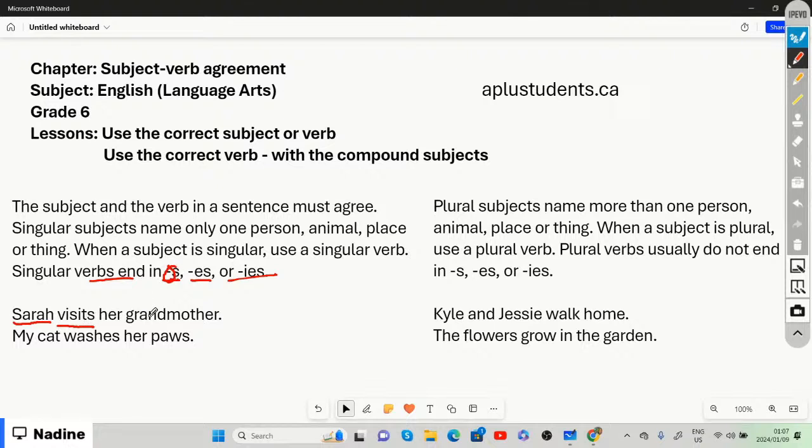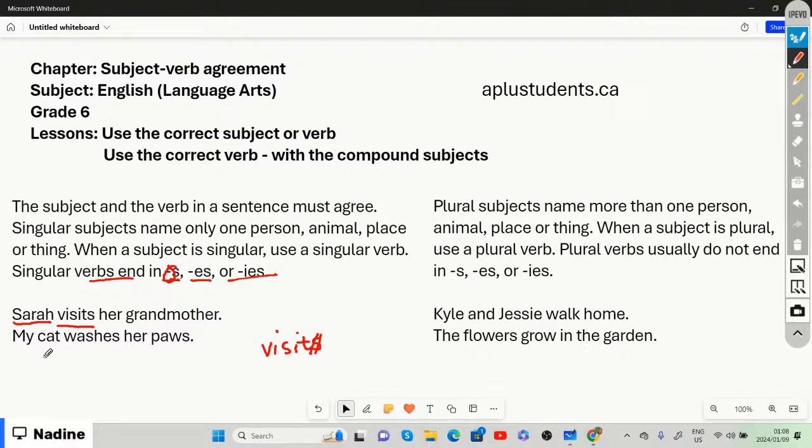She visits her grandmother. We don't say Sarah visit her grandmother. Our singular verb needs to end in s, es, or ies. So instead of just saying visit, we added the s to our verb.